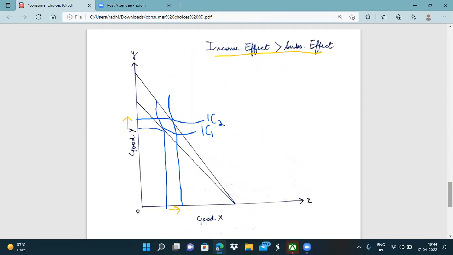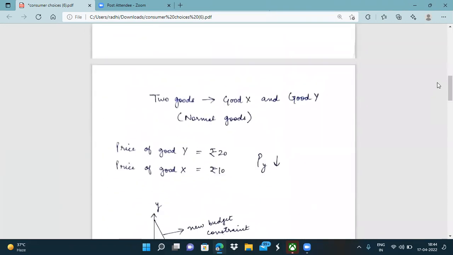In this case we have taken that the price of good Y has fallen. We can take another example where the price of good Y has increased, or where instead of a change in price of good Y there is a change in price of good X. Or maybe when instead of both goods being normal goods, one of them is inferior and the other is a normal good. So we can apply the income effect and substitution effect to various other examples as well.